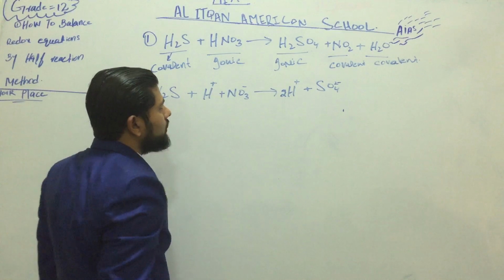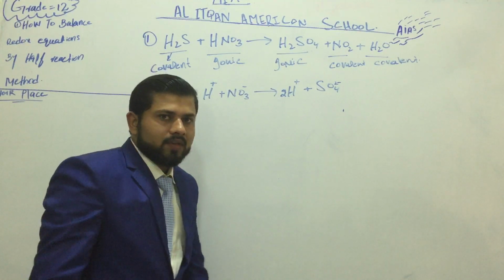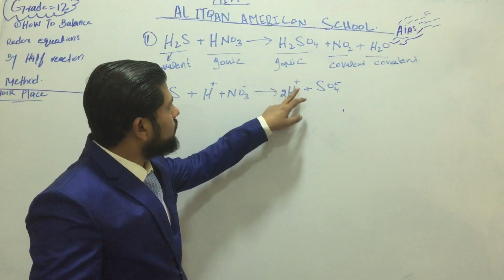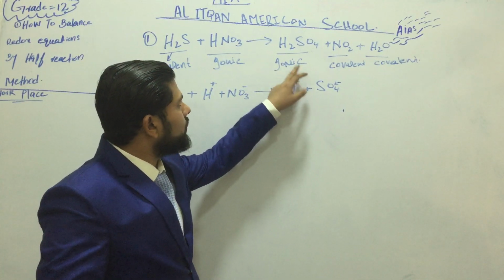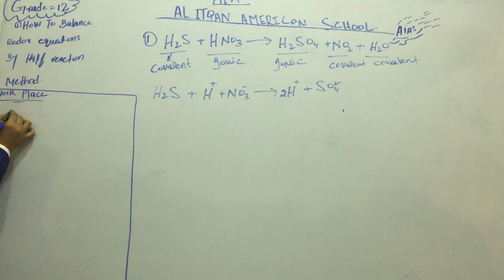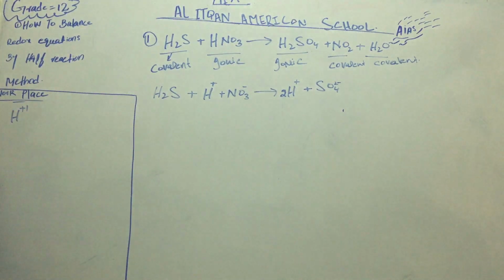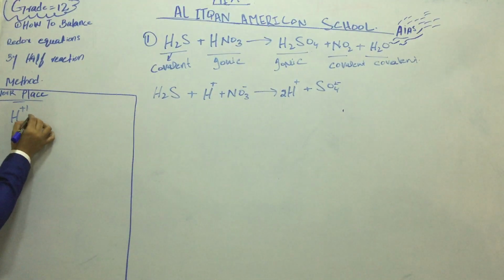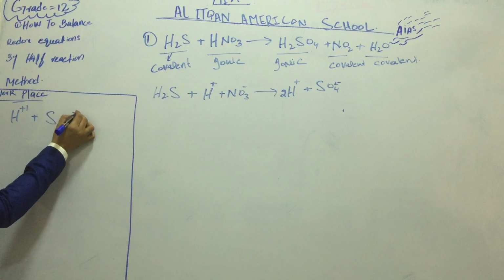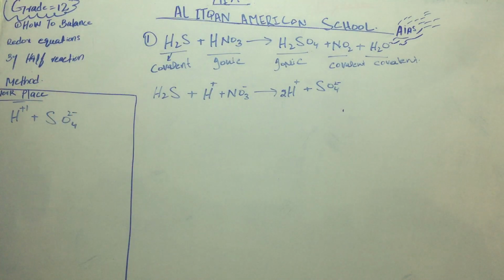I'm just going to give you a brief hint how you will get to know whether it is plus 1 or plus 2. For example, when you combine, hydrogen's valency is 1, and sulfate ion, a polyatomic ion, has valency negative 2.